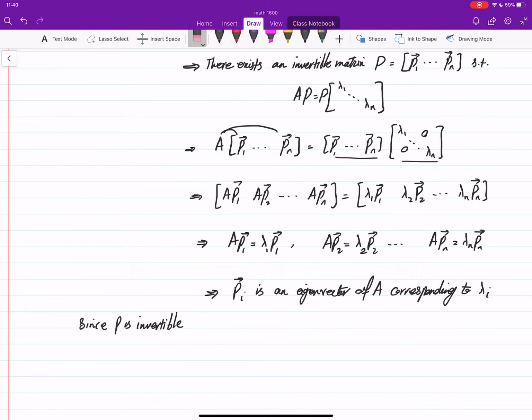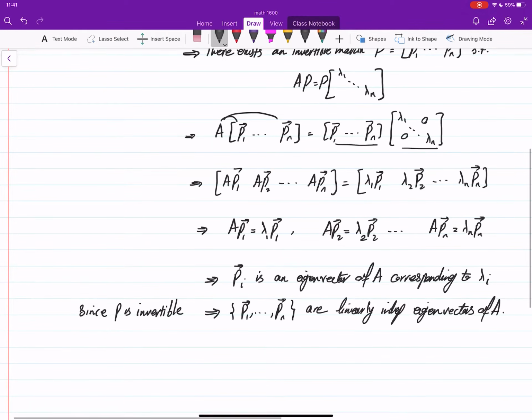So this means that P1 up to Pn are linearly independent eigenvectors of A.